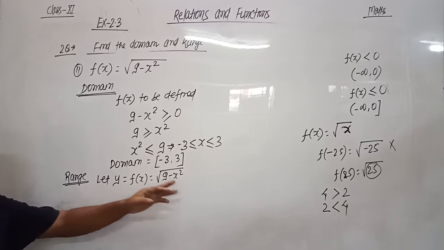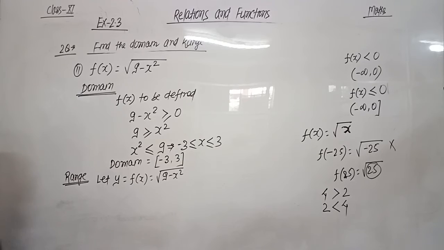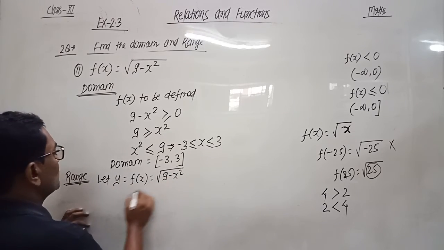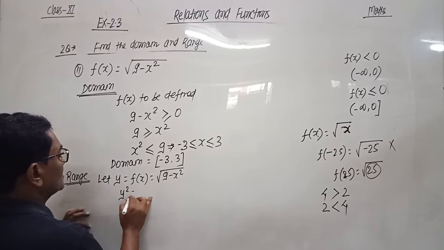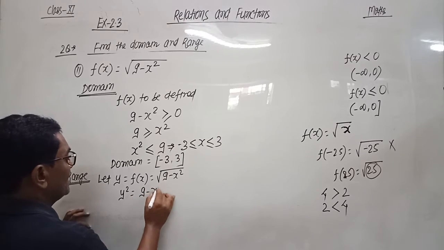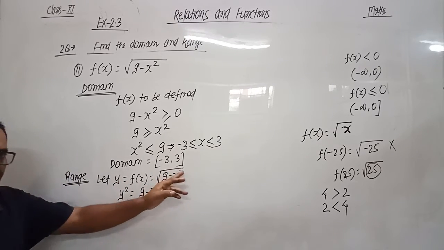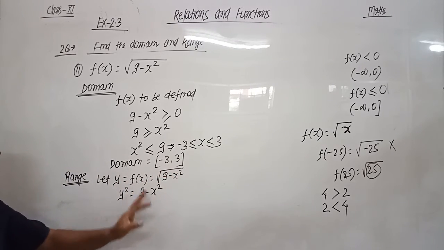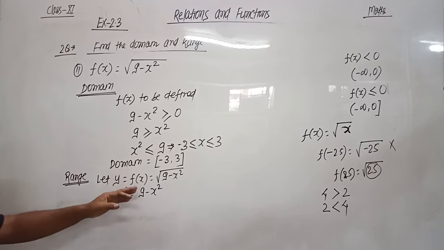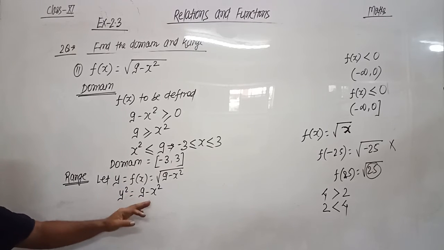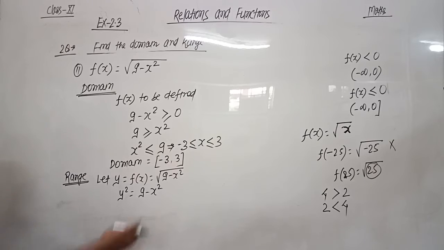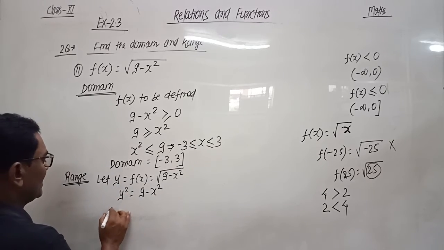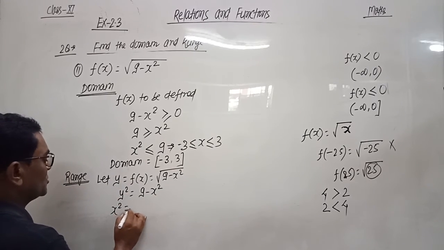We determine the value of x in terms of y. So squaring both sides, we get y square equals 9 minus x square. When we square both sides, the square root gets removed. Now minus x square comes to the left side and becomes positive.